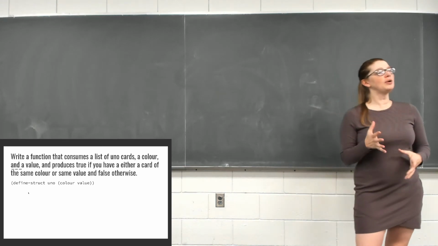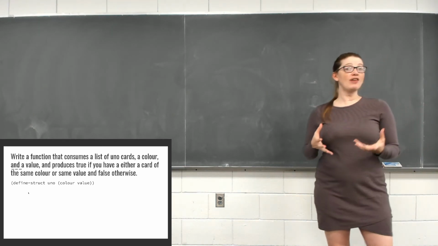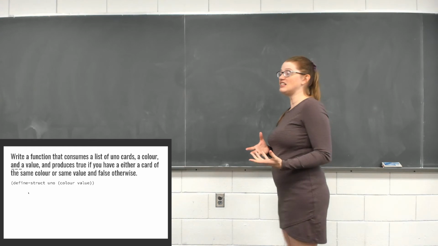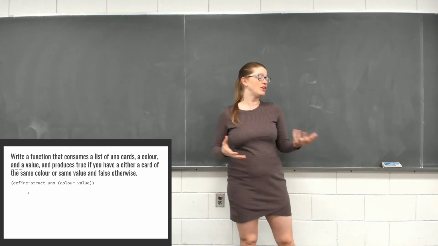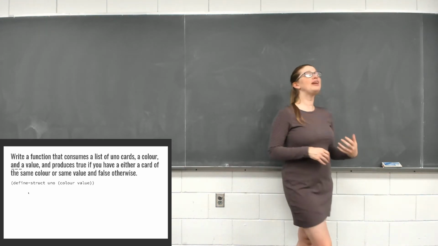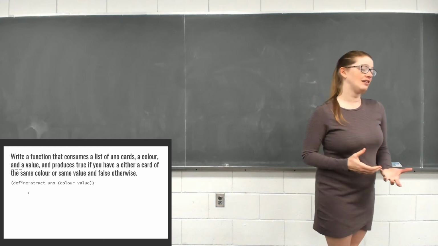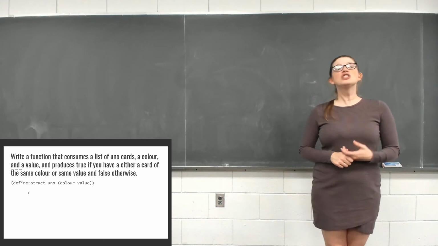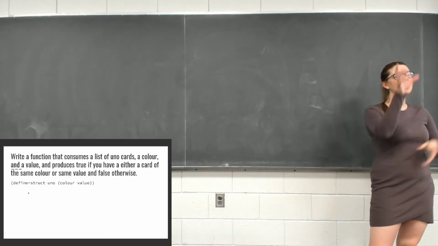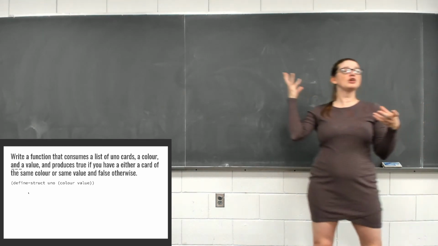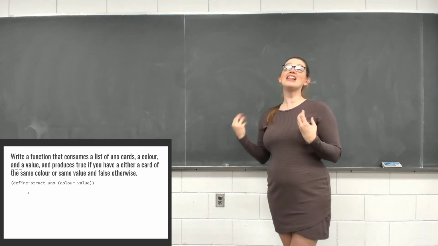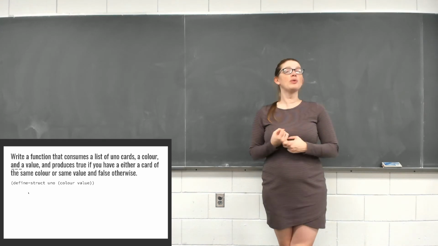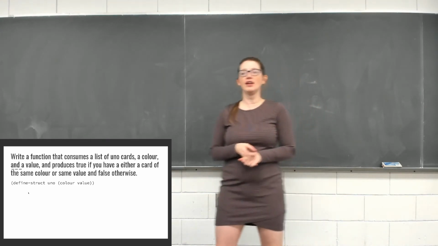So what we want to do is, because the constructor provided by define-struct doesn't actually validate the types, because it doesn't know what types the fields should be, it would be nice if we created a checked constructor. So a special constructor that's going to take the arguments that we need to create the structure and validate them according to what type we want them to be and make sure the values are in the correct range.